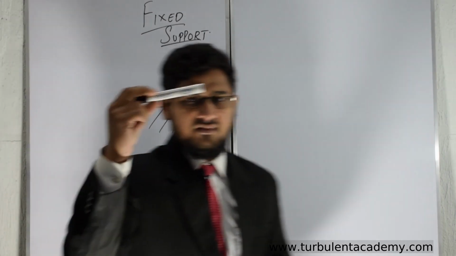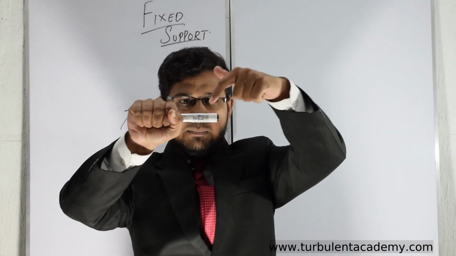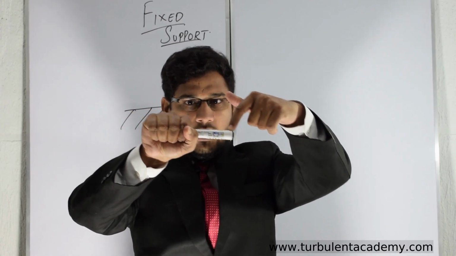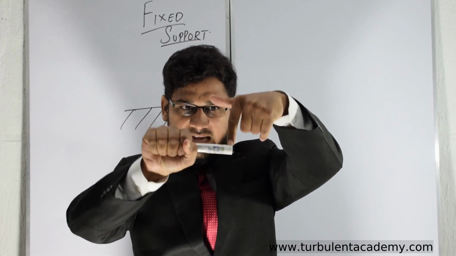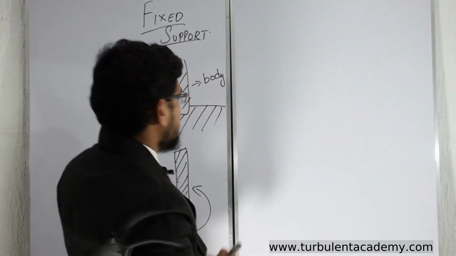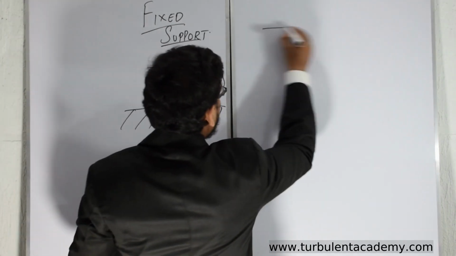Now having all this in place, I can make you understand this concept using one more example. Assume I have the same pen, I am holding it tight, and I am applying a force over here, a point load, we can say.